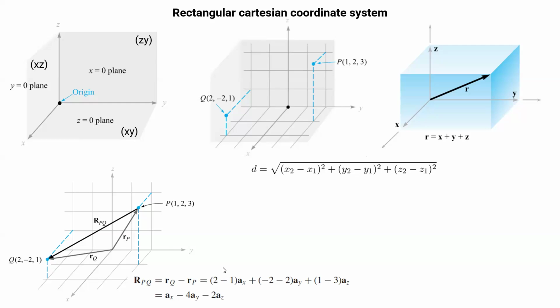This way we can describe any vector in our space, even those that don't start from the origin, as the difference between the two radius vectors of the beginning and the end of this vector.